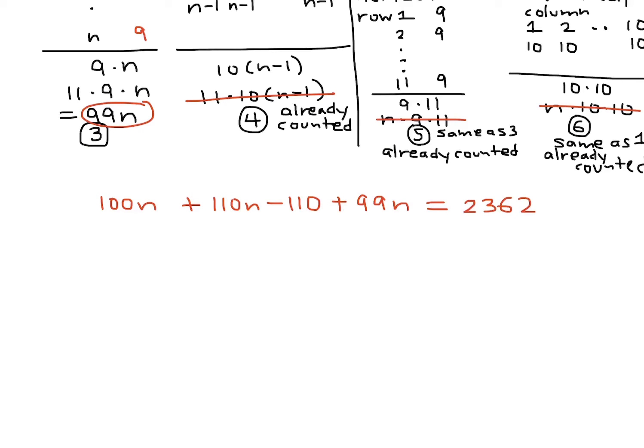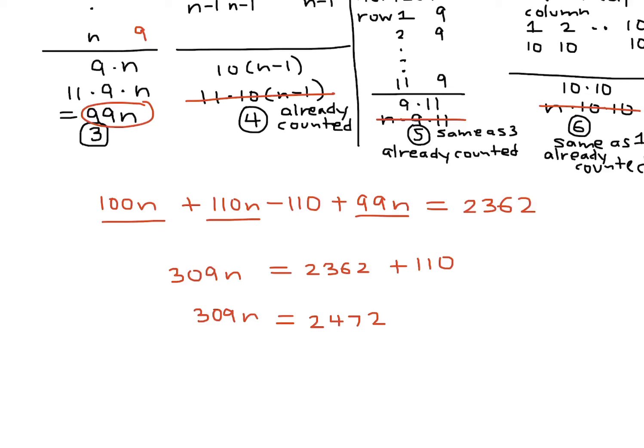All right, let's do this. So we got 100, 110, and 99. So that looks like 309n. And then 2362 plus 110. So this becomes 2472 is 309n.